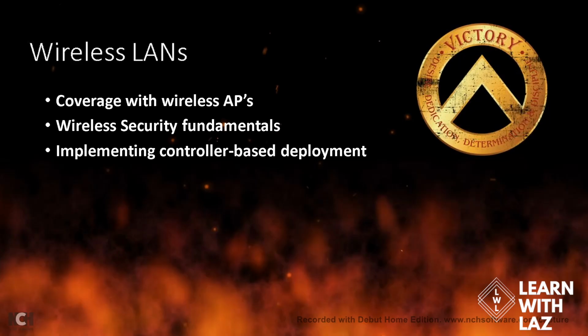I don't think anybody's going out there in their house and setting up wireless controllers. But there are different types of wireless controllers and architectures that we can use when using controller-based deployments, which is really, in a large enterprise network, the best way to go. Just like in wired networks, where we have software-defined networking, right? That APIC controller, whereas everything is centralized. This is pretty much the same thing, where the controllers are the central point of the wireless network.